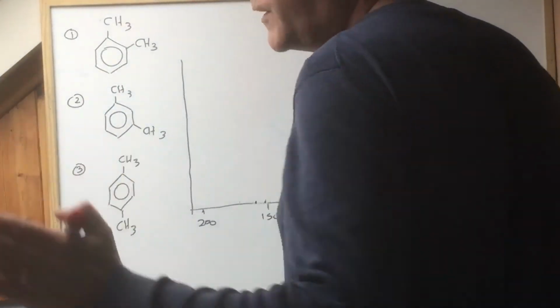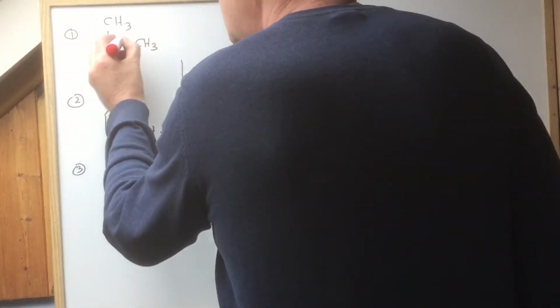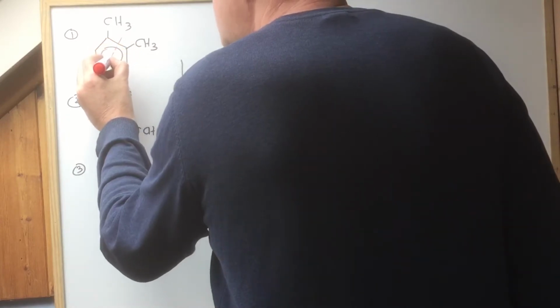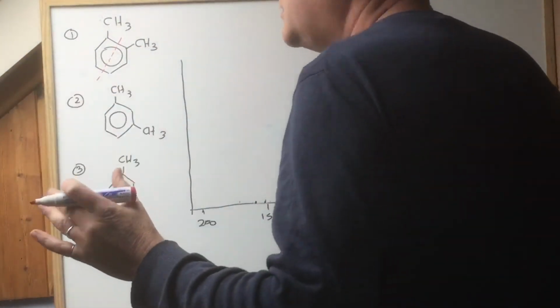Hopefully you've had a go at those. I'm looking for a line of symmetry. How about down here? Symmetrical around that line. I've deliberately drawn it skew to make it a bit trickier for you.